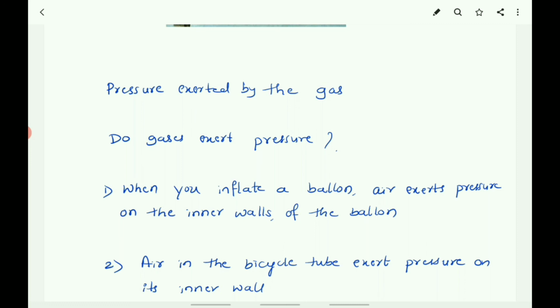If the balloon has a hole, is it possible to inflate it? You can't inflate it. So here you can see that air exerts pressure on the inner walls of the balloon when you inflate it.